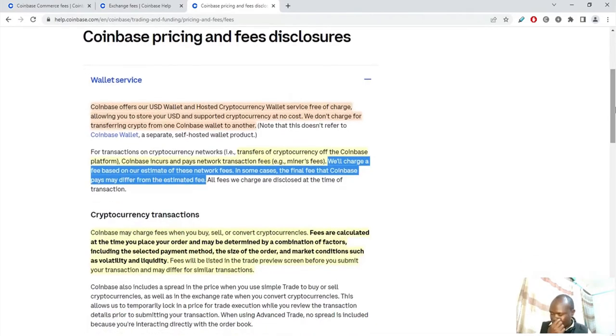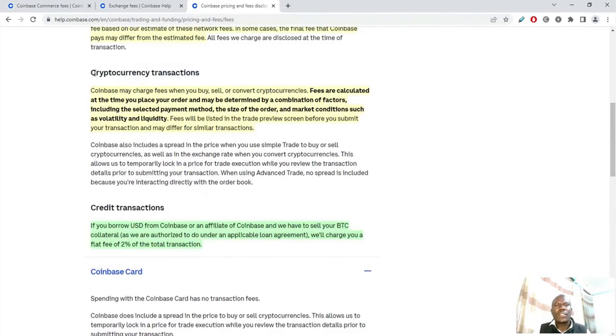So when you're transferring crypto from Coinbase to Coinbase, from one wallet to the other, there will be no fee. But if you're transferring crypto off Coinbase, then there will be a network fee, and Coinbase will charge you that cryptocurrency transaction fee. Coinbase may charge you fees when you buy, sell, or convert cryptocurrencies, even within the Coinbase exchange.